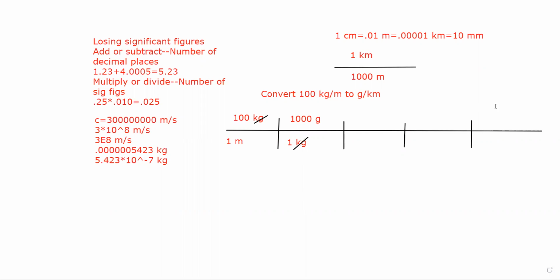I need to get rid of meters and bring in those kilometers. So we'll do it backwards. 1 meter is equal to 0.001 kilometers.